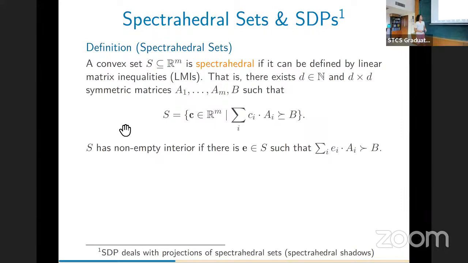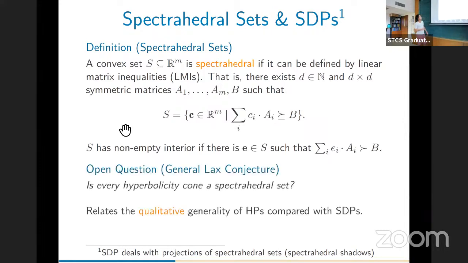For example, I guess Rohit knows, the bipartite matching polytope has very small extension complexity, so you add a lot of variables and you express it with very few inequalities. So here, SDP deals with projections of these sets, which are known as spectrahedral shadows, okay? Not the matching exactly, the bipartite, that's what it is. Yes, bipartite, my bad. Correct.